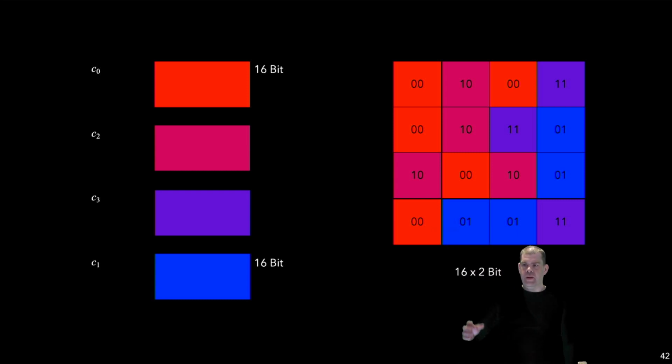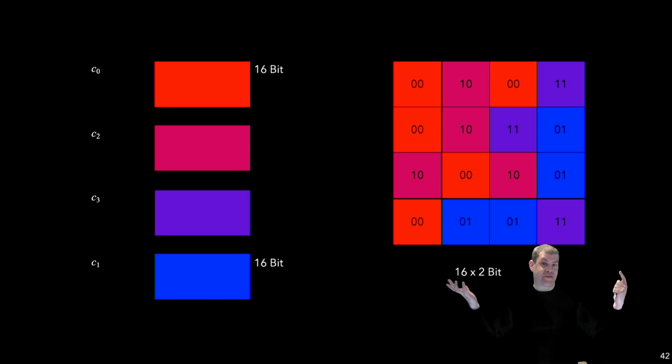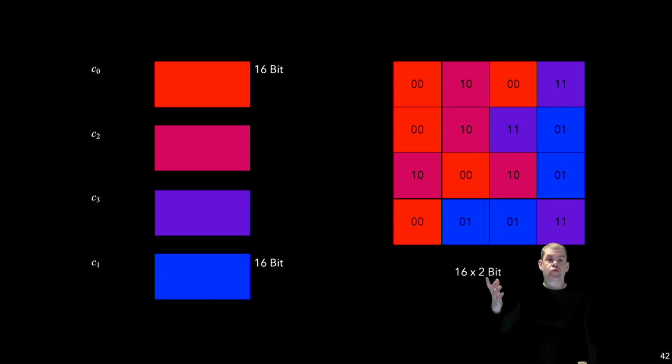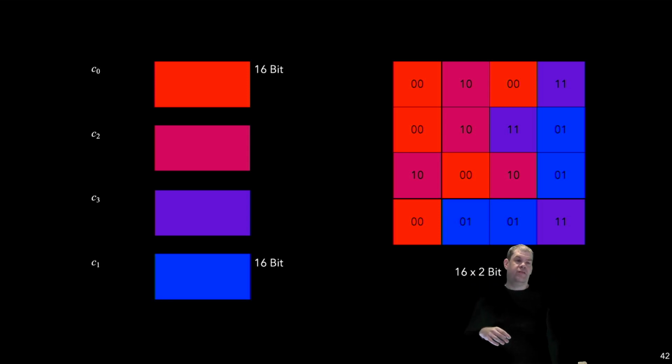Now, how does it work? First of all, we store very little memory per pixel. 2 bits is not very much. It basically gives us 4 choices. On top of that, we store another 32 bits of data, and this allows us to store 2 colors in a reasonable quality. Usually you have 24 bits of color, so we'll just use 16 bits and quantize the colors a little bit more.